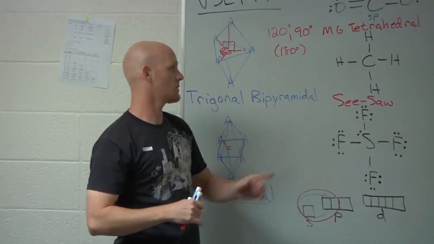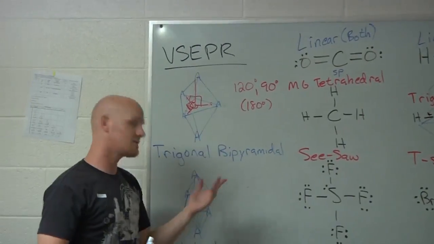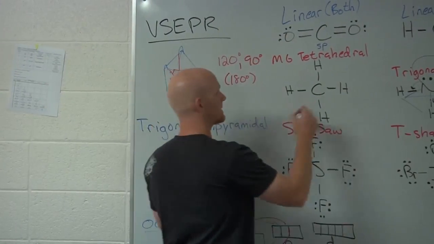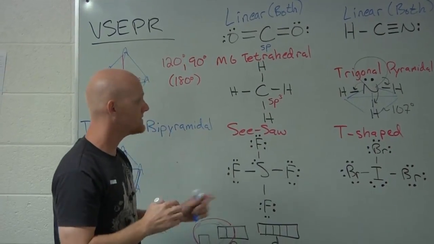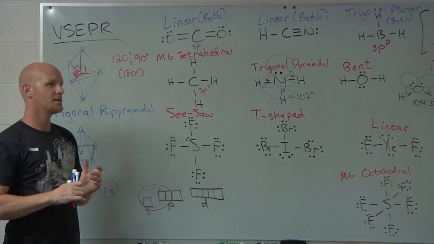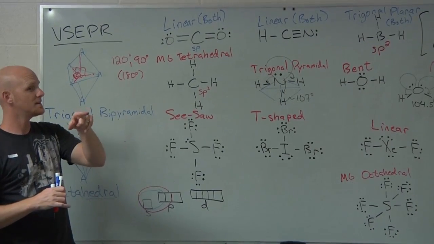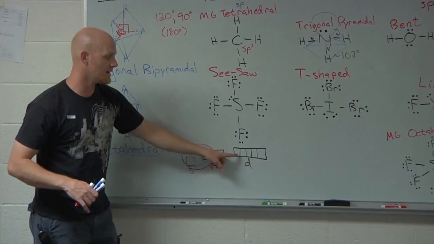So for 4 domains, whether it's the carbon here, the nitrogen here, or the oxygen here, 4 domains, 4 hybrids, sp3. 5 domains in all of these cases here. Doesn't matter which central atom you want to look at. Well, sp3d. Good. After your third p orbital, you're out, and you've got to go to d's.